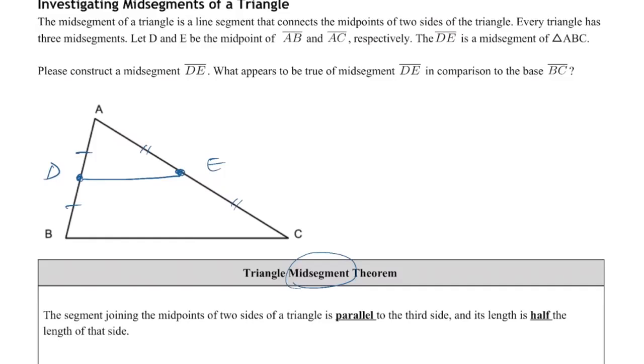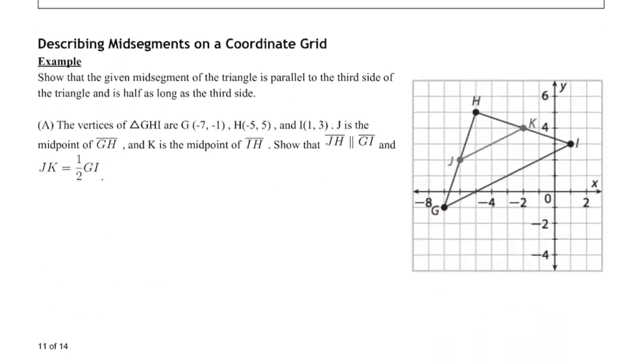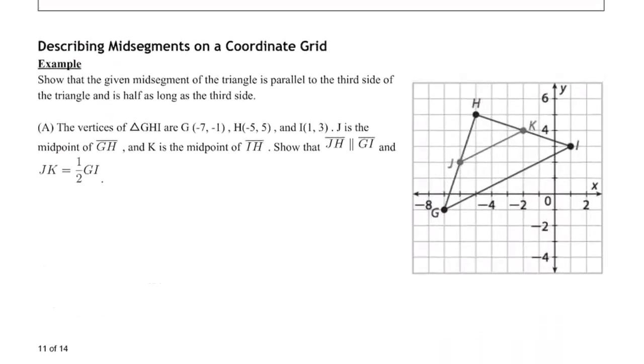Okay. Now what do I do? This is asking us to do a geometric proof, or use the properties to show that the midsegment over here is indeed parallel to GI and is half the length.